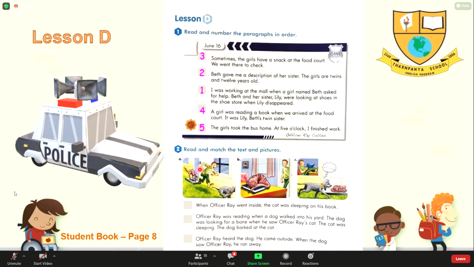Officer Ray heard the dog, he came outside. When the dog saw Officer Ray, he ran away.